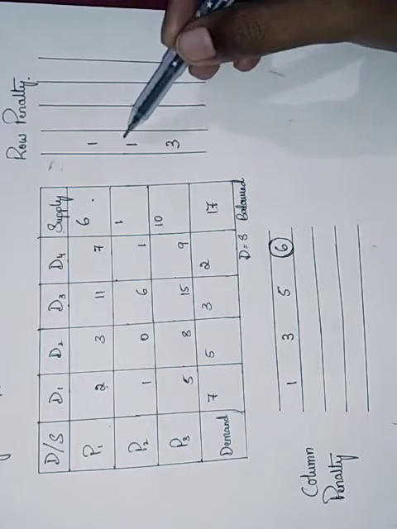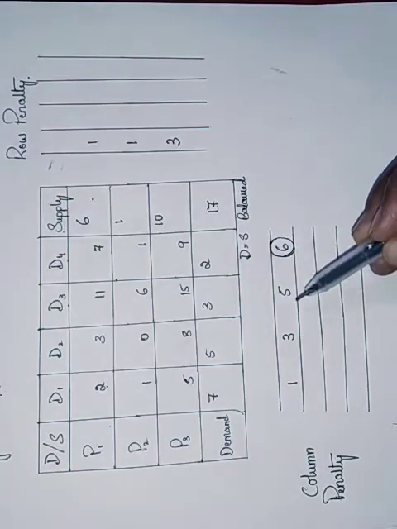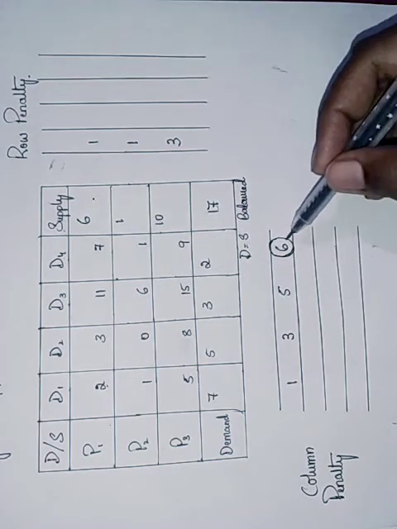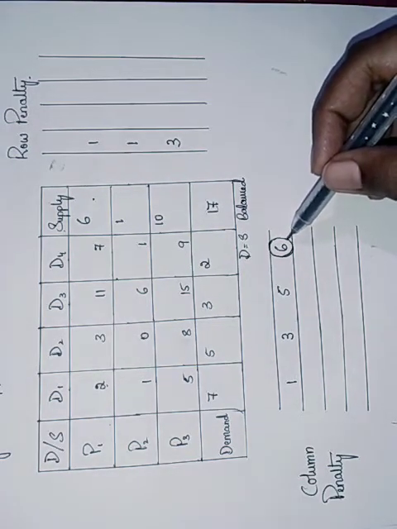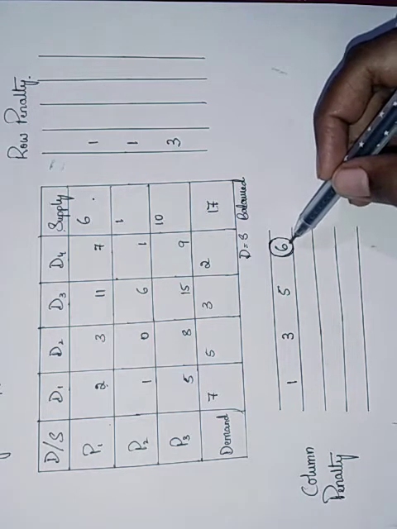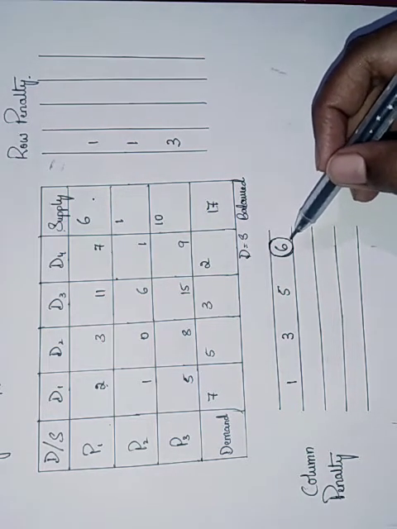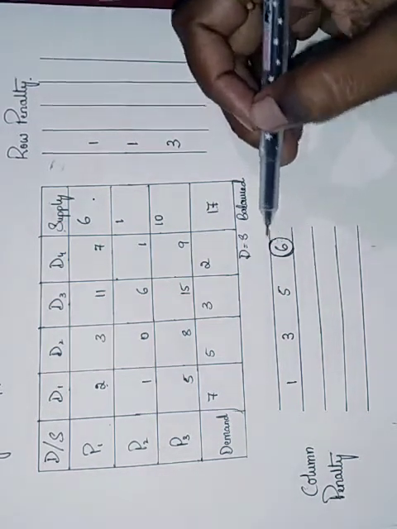Among the penalties 1, 1, 3, 1, 3, 5, 6, which is the highest? 6 is the highest value. So we select the highest penalty, that is 6. The highest penalty is in the column D4, so now we are concerned with this column.